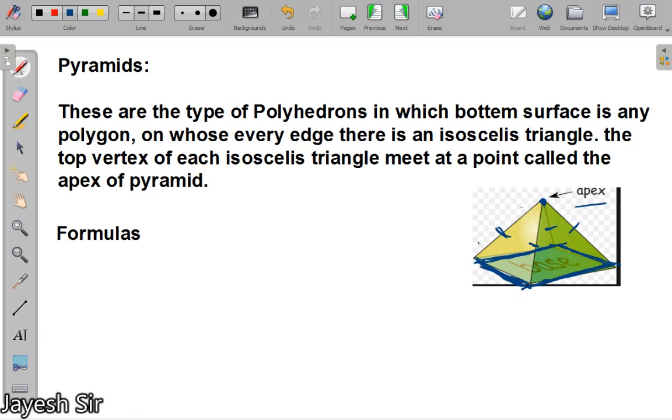Okay, now we talked about the formula regarding prism at the last, and there is similarly some formula regarding pyramids.